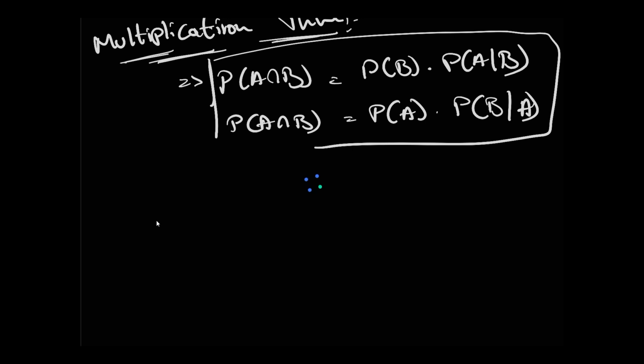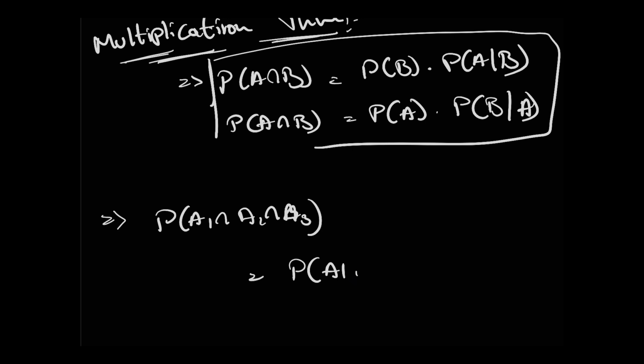Now, if we extend this, we can write probability of A1 intersection A2 intersection A3 equals probability of A1 intersection A2 into probability of A3 given A1 intersection A2.